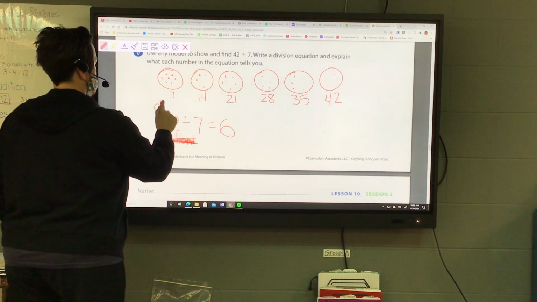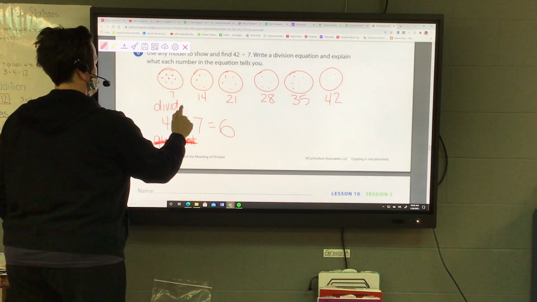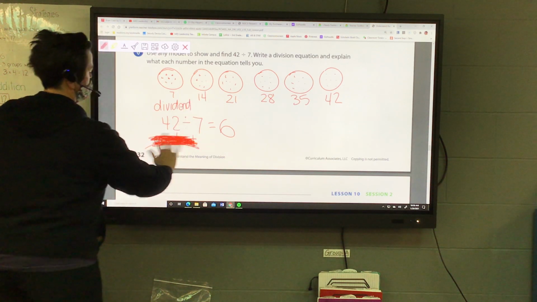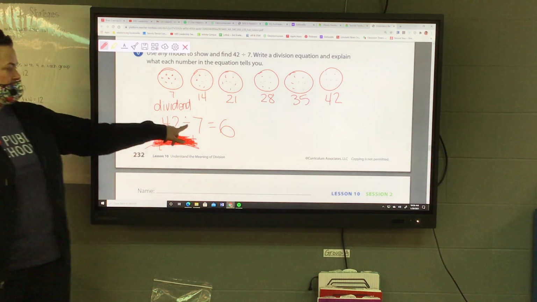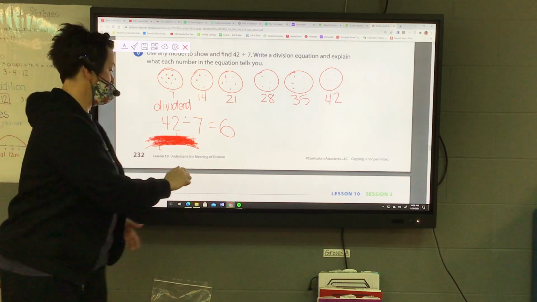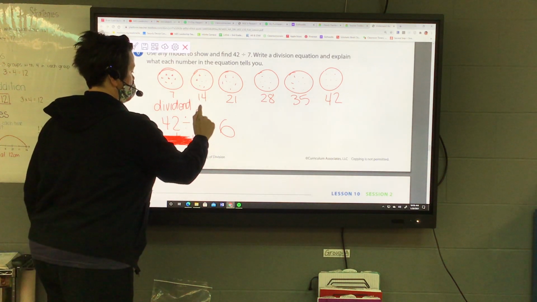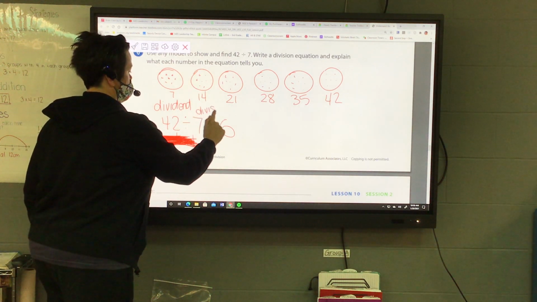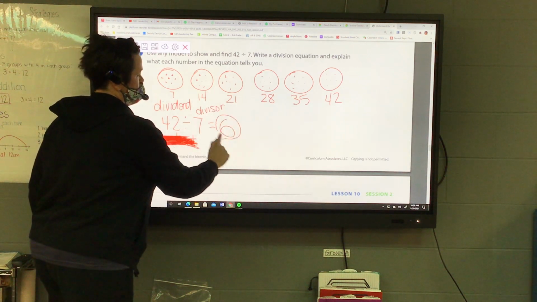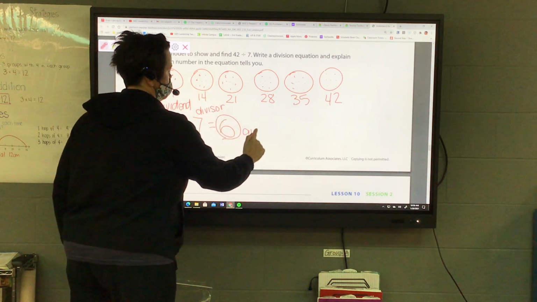It's the dividend. Dividend. That's a weird name. The number 42 is the dividend, 7 is the divisor, and 6 here, that's the quotient.